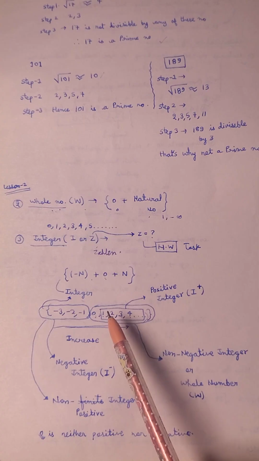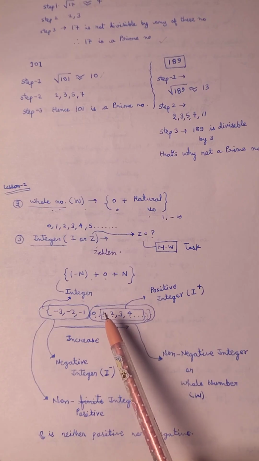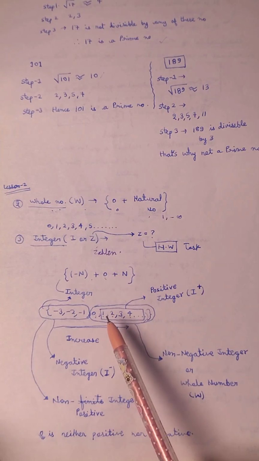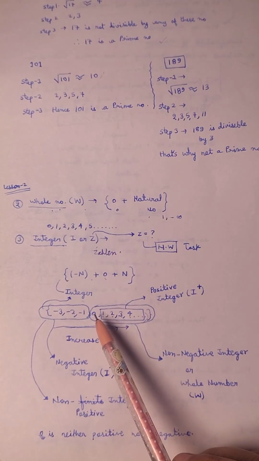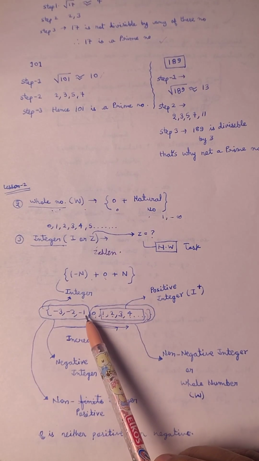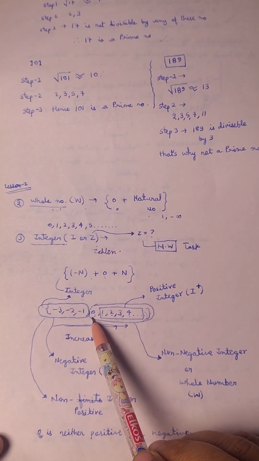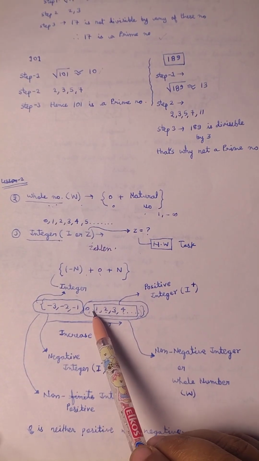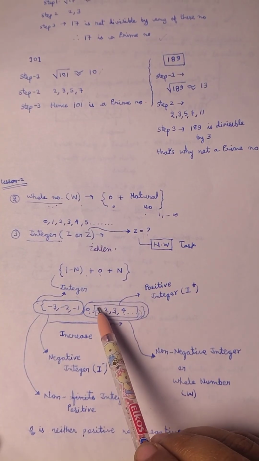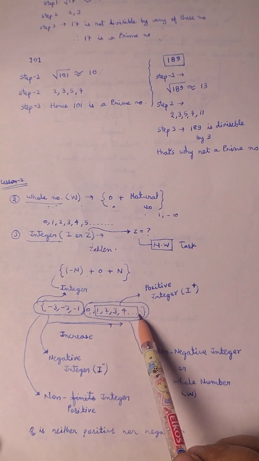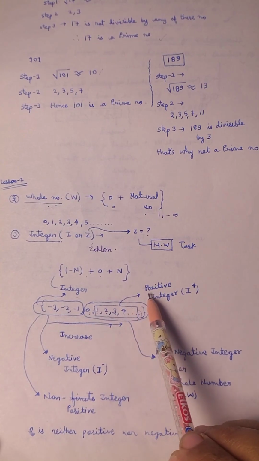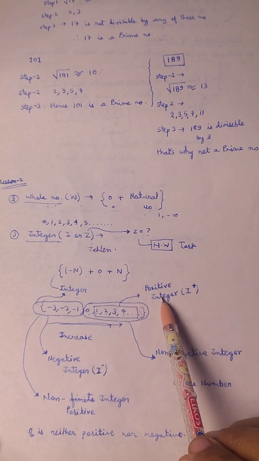We'll get into more detail in times ahead. So 0, 1, 2, 3, 4. If from 1 to infinity, we call this I positive, means positive integer.